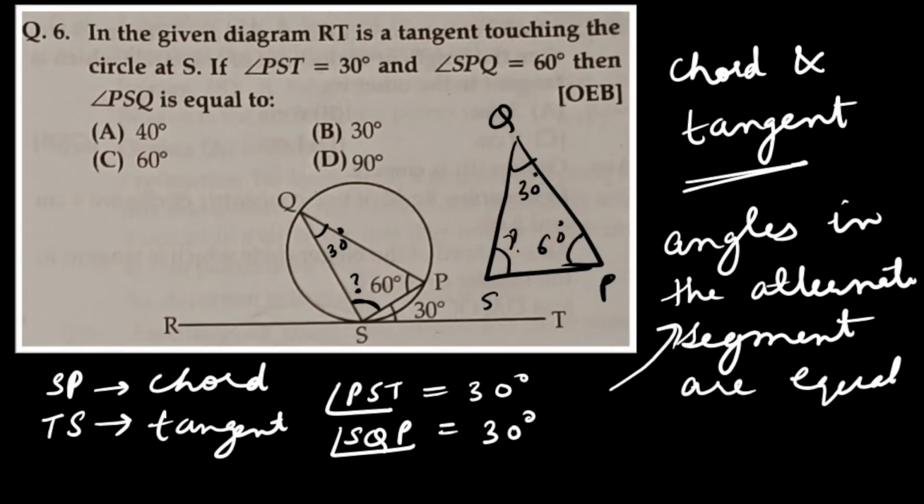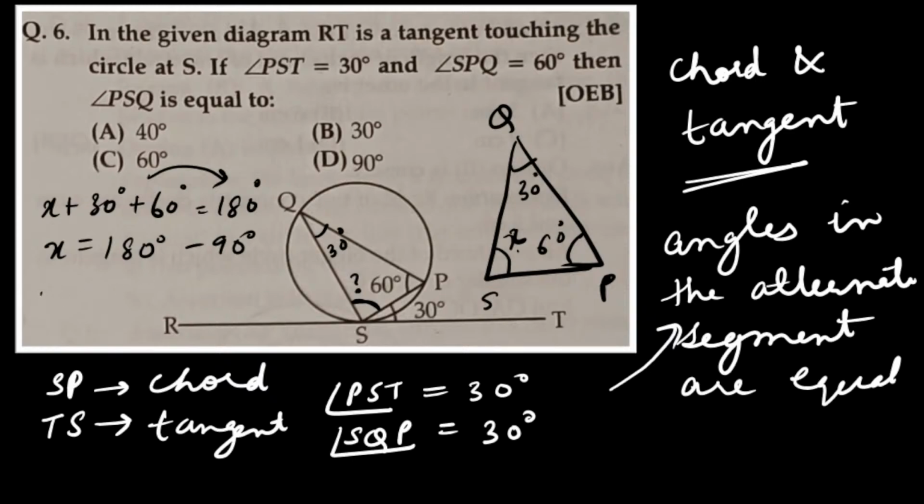If I consider this as x, then x plus 30 plus 60 is equal to 180 degrees, by the angle sum property of a triangle. 30 plus 60 is 90, so 90 will shift to the other side: 180 minus 90. So x is equal to 90 degrees. So the answer is 90 degrees, option D.